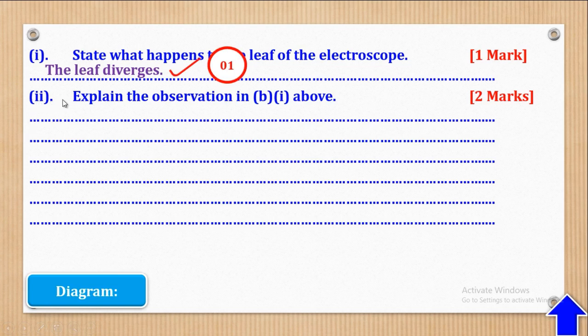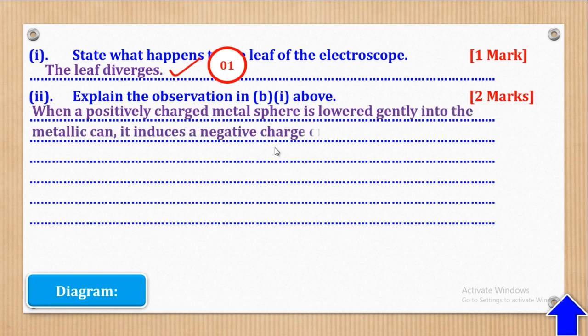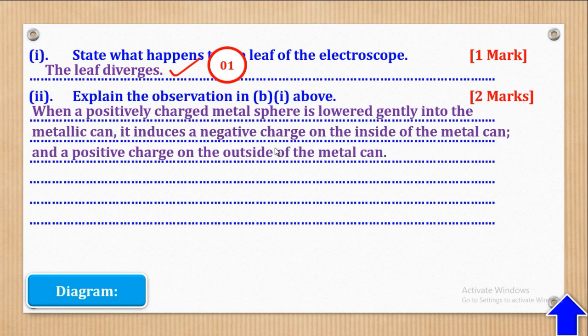Then Roman 2 says, explain the observation in B Roman 1 above. So here we shall say that when a positively charged metal sphere is lowered gently into the metal can, it induces a negative charge on the inside of the metal can and a positive charge on the outside of the metal can.